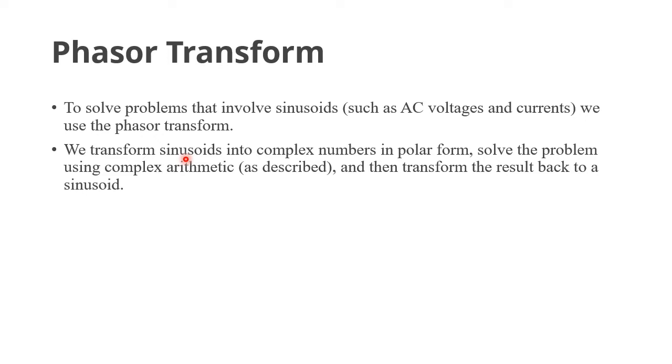The initial step is to transform sinusoids into complex numbers in polar form. Then we solve the problems using complex arithmetic and transform the results back to a sinusoid. This is the way we deal with questions involving sinusoids.